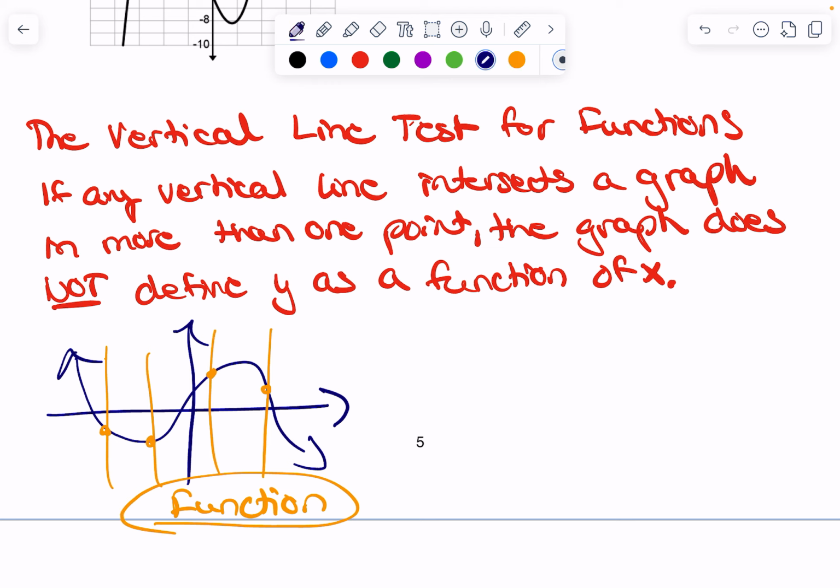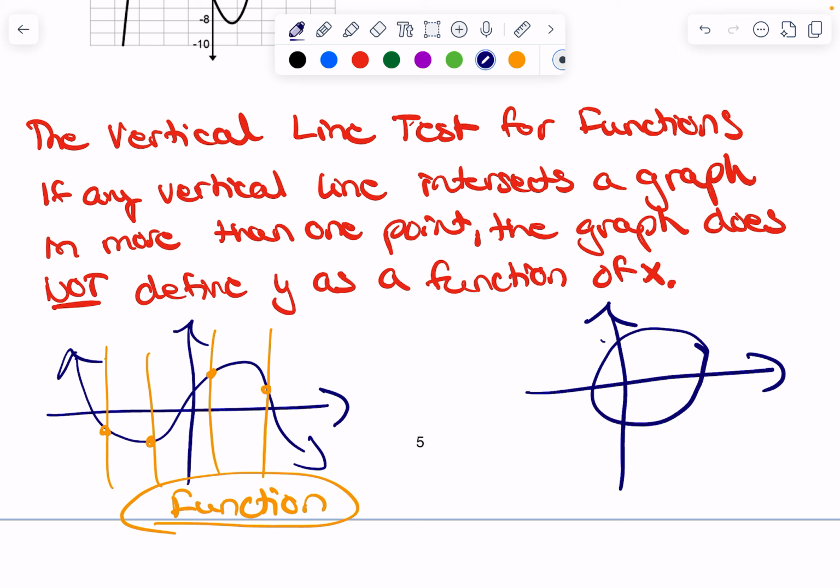Now, if I draw somewhat of a circle, that's not an exact circle, and do a vertical line test here, you can see that this one vertical line crosses the graph in two spots. So this is not a function.